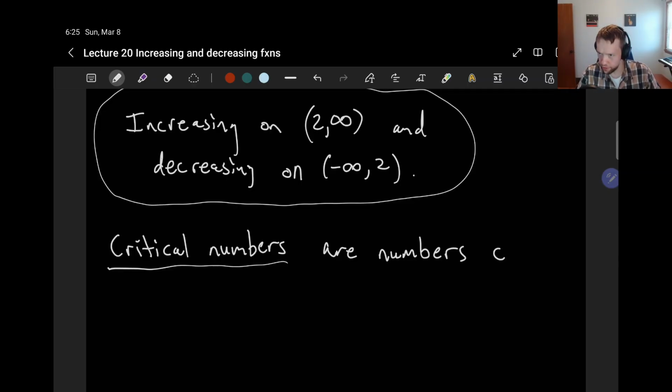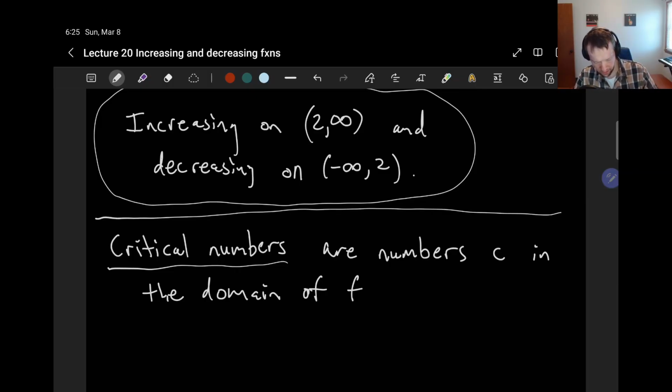They're numbers, we'll call them C. They are in the domain of f, our function. So that means that they're x values, and in particular, x values that belong to the function, they can be plugged in.